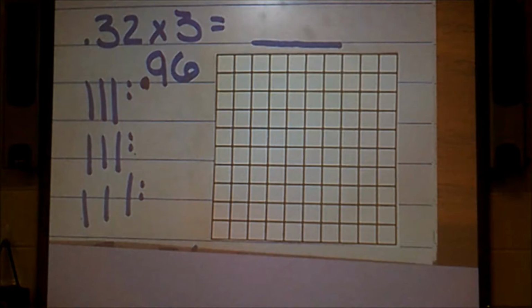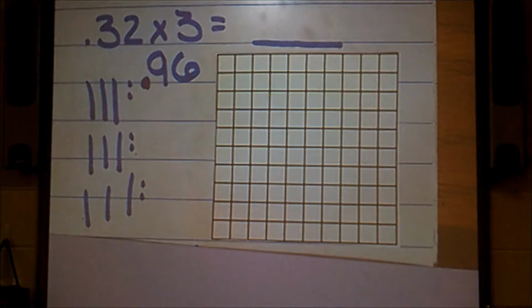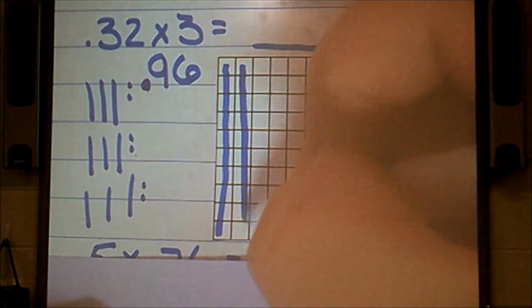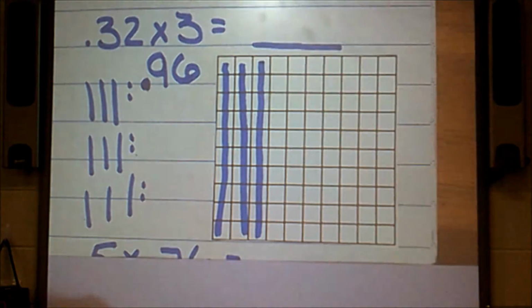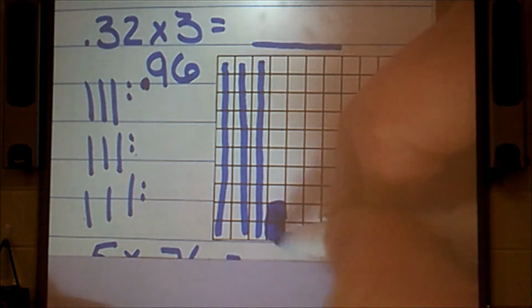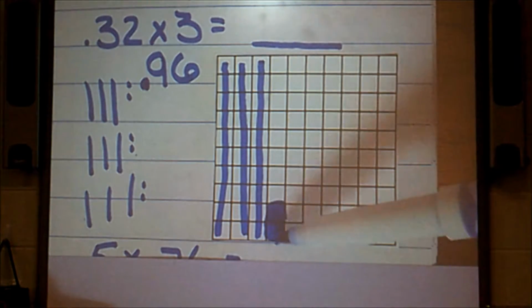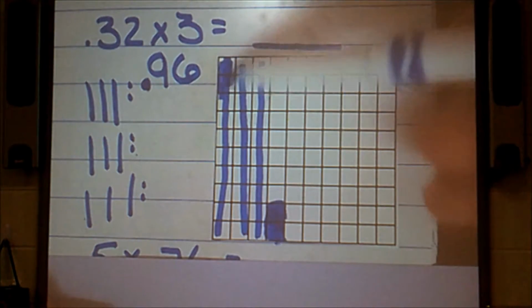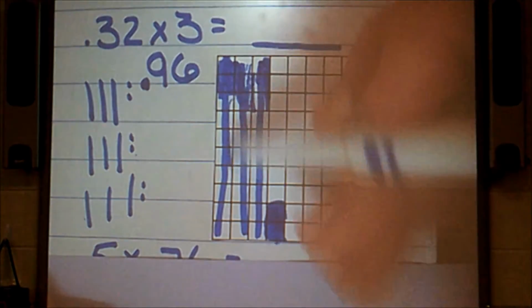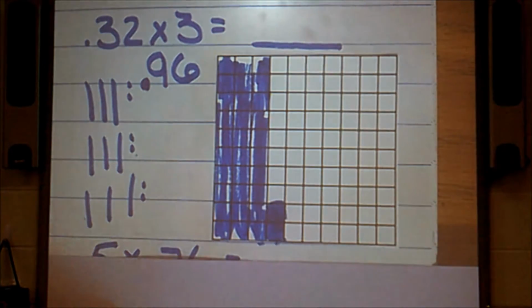So I'm going to fill in 32 hundredths in one color. That's 1 whole rod, 2 whole rods, 3 whole rods, then another 2. That's 10, 20, 30, 31, 32. Shade that in. Okay, good enough.